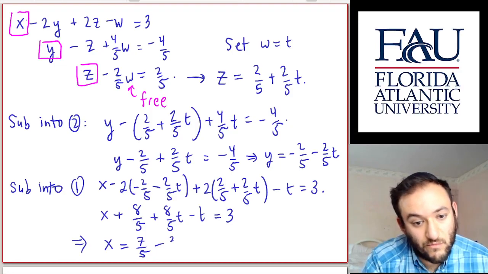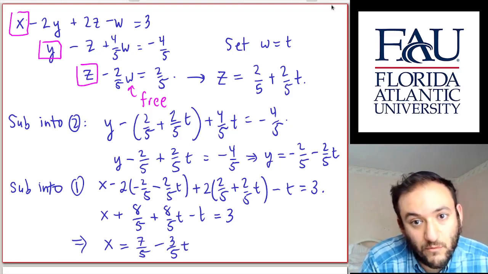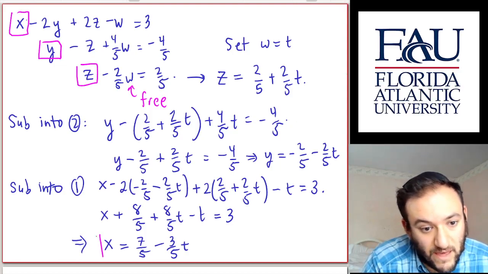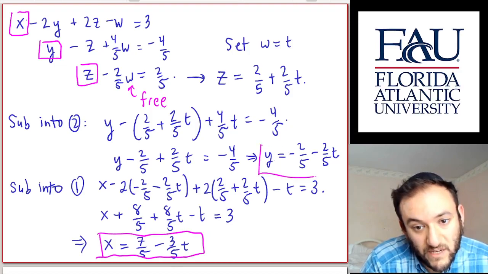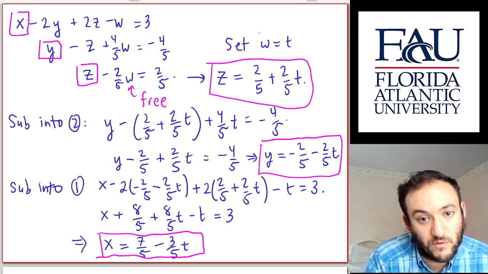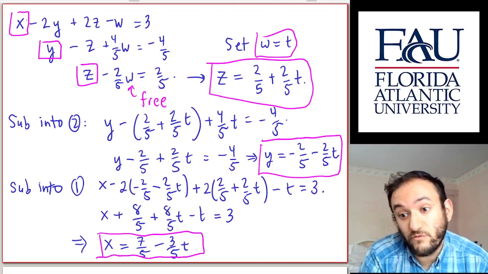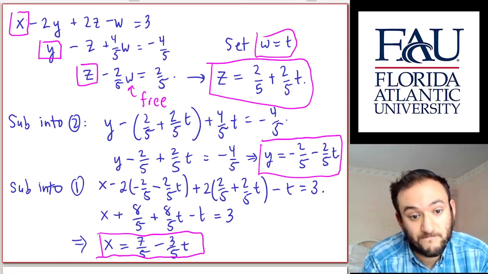So we get minus 3/5 t. Okay, so taking these values for each of the variables, x equals 7/5 minus 3/5 t, y equals minus 2/5 minus 2/5 t, and z equals 2/5 plus 2/5 t, and w equals t. That describes the full solution set for our system of equations.